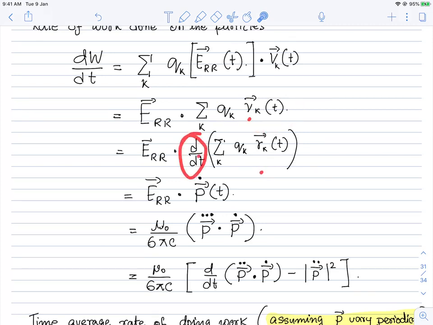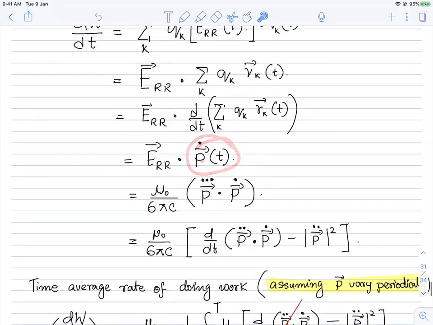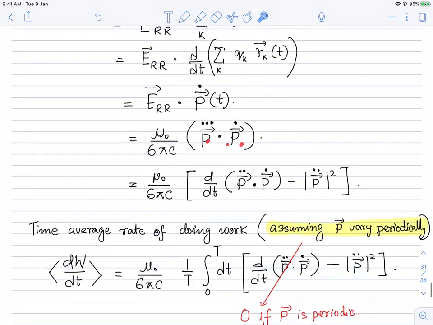We can bring the d/dt outside, then this becomes the sum over k of qr, identifying this object again as the dipole moment of the individual charges, the dipole moment written as a sum. So this is the time derivative of the dipole moment. Because E is given by the triple time derivative of the dipole moment, this is the triple time derivative dotted with the single time derivative, and that can be written in this way.